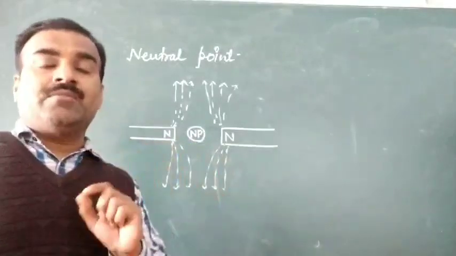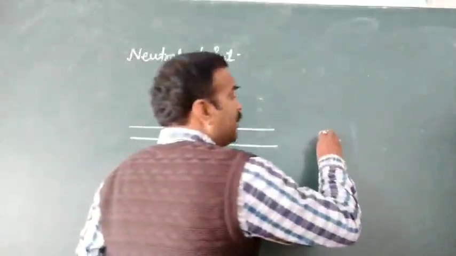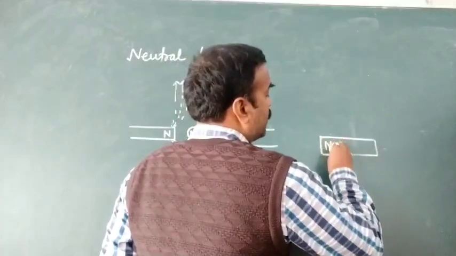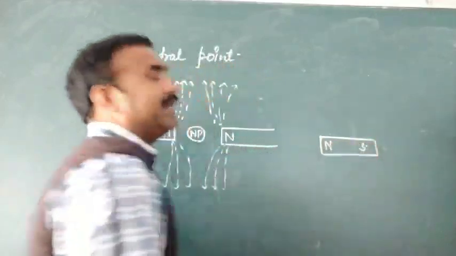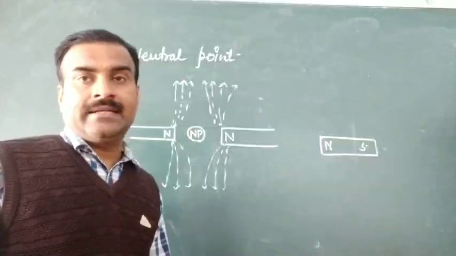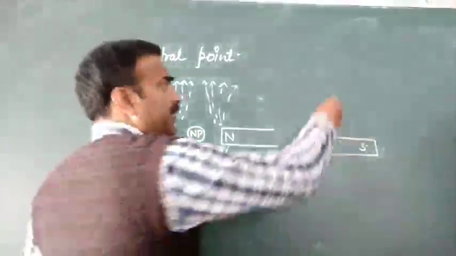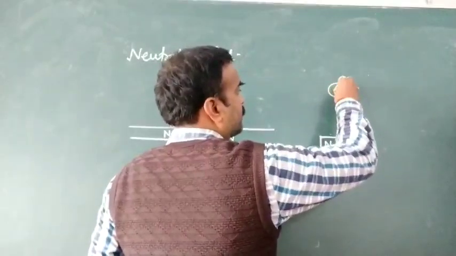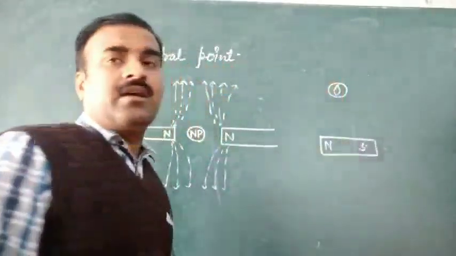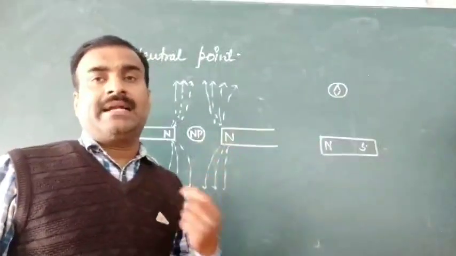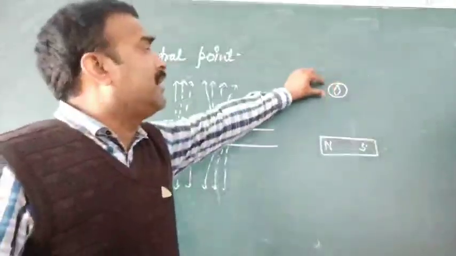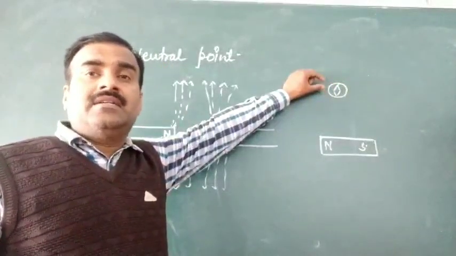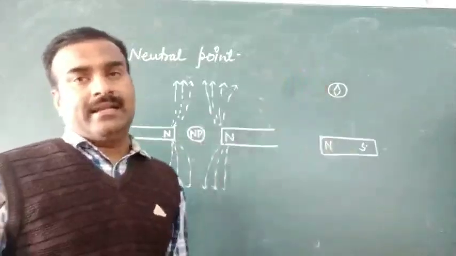Another way, one more definition you can write. If we take a bar magnet, North Pole, South Pole, and nearby it we put a magnetic needle, then up to a certain range the deflection will be got by the magnetic needle.